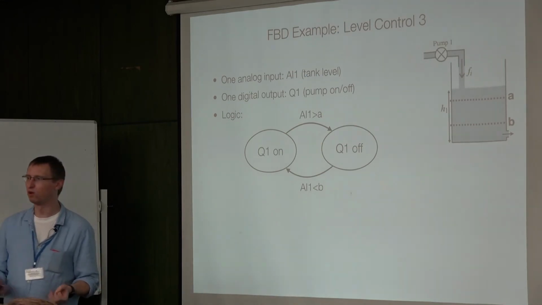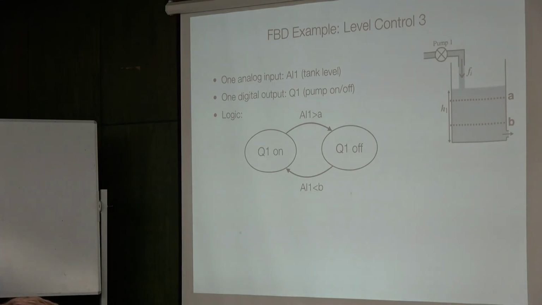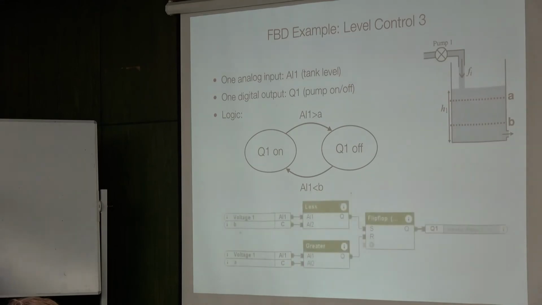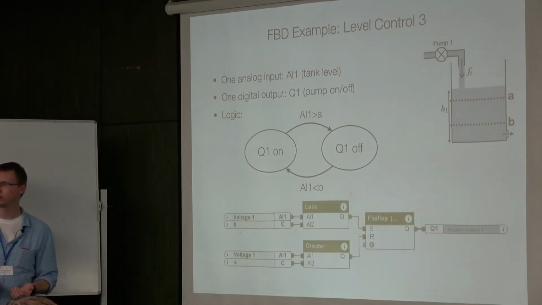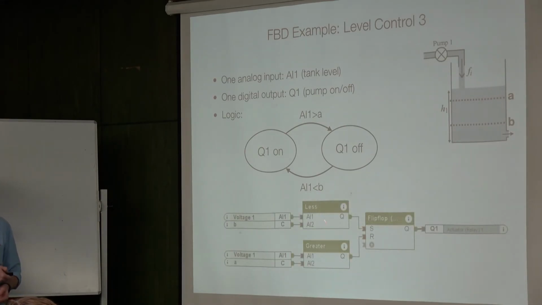So these are very simple control algorithms, and from the implementation point of view, what they require are blocks for comparing these 2 values. So we need to check the truth value of these 2 conditions, and then we have to have a block which switches between these 2 states. And this can be realized rather efficiently. So here we have the comparison blocks.